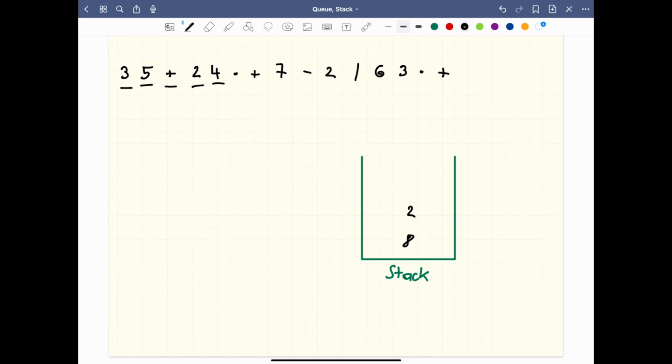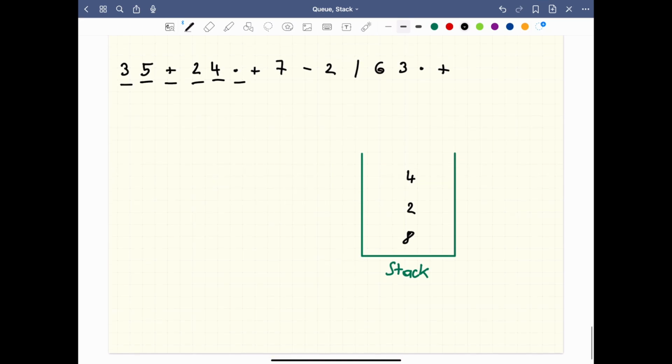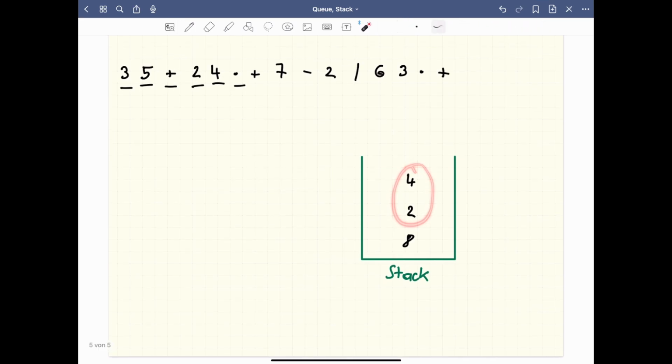We push the 4. We have the multiplication sign here. The top elements are 4 and 2. This is where we apply the operator to, and it's 2 times 4 is equal to 8, and we push the result. Then we have the plus here. We have 2 elements left. 8 plus 8 equals 16.